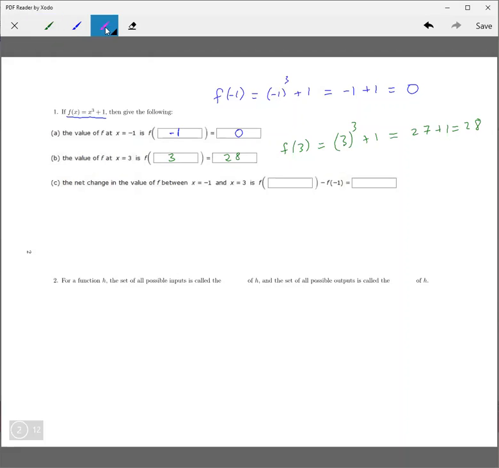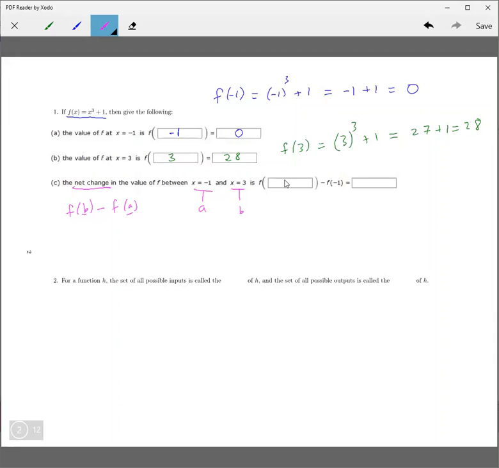Okay, and then that last thing that we talked about, the net change. Remember from the previous page, the net change was f of b minus f of a, from this first x value to the second value, which means that this is the second. This is like our b right here. This is like our a.